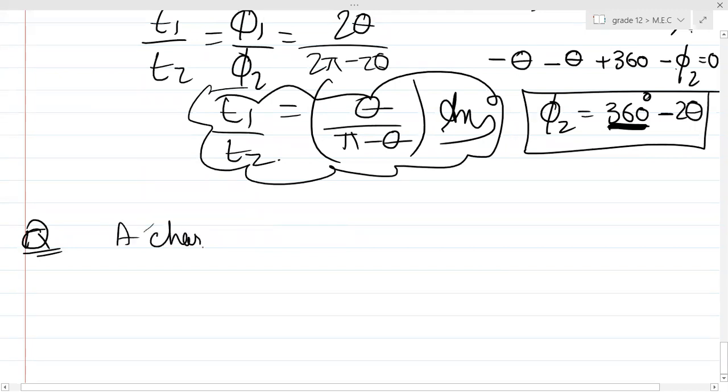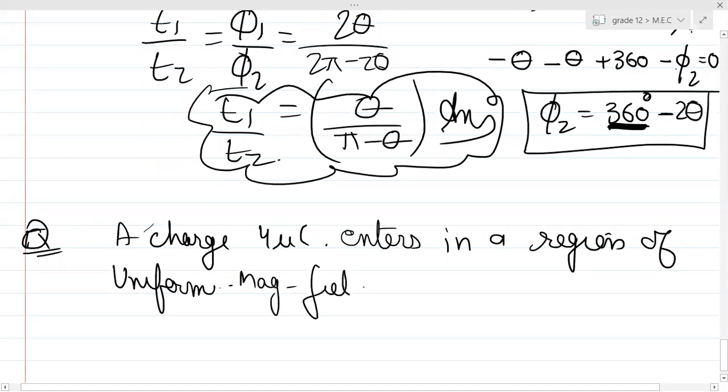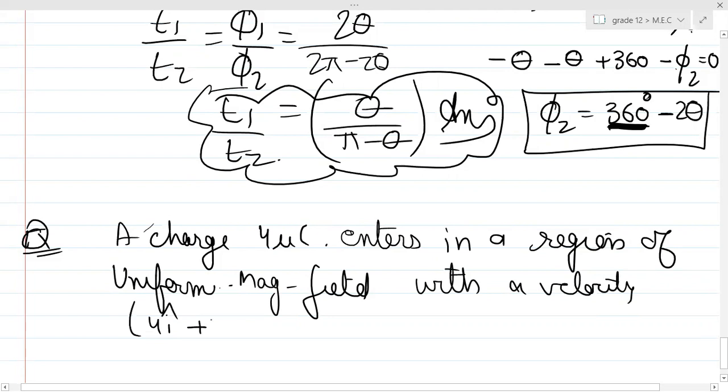A charge of 4 microcoulomb enters a region of uniform magnetic field with a velocity 4 i cap plus 7 j cap.